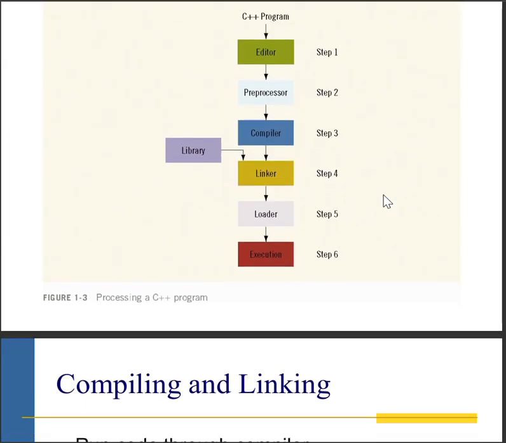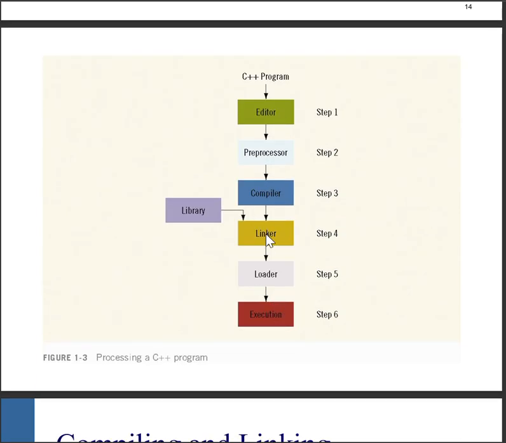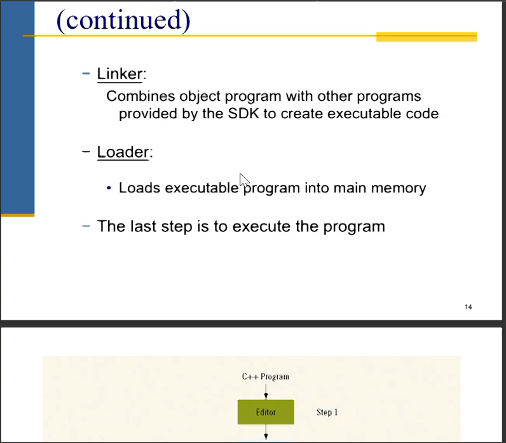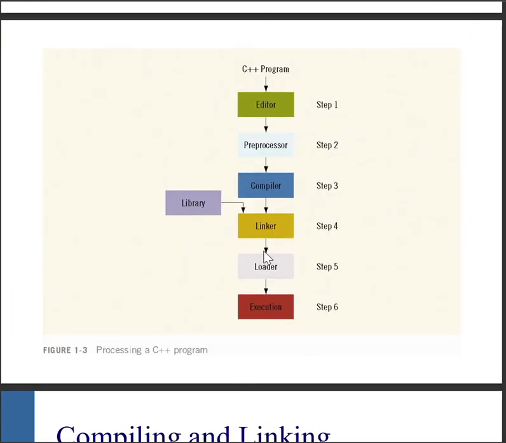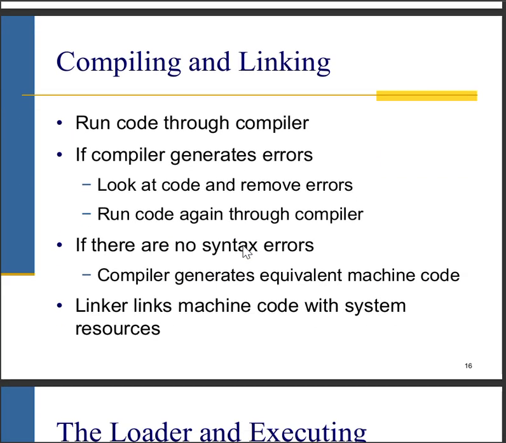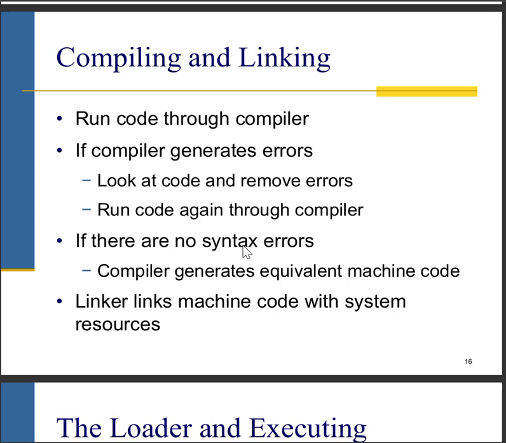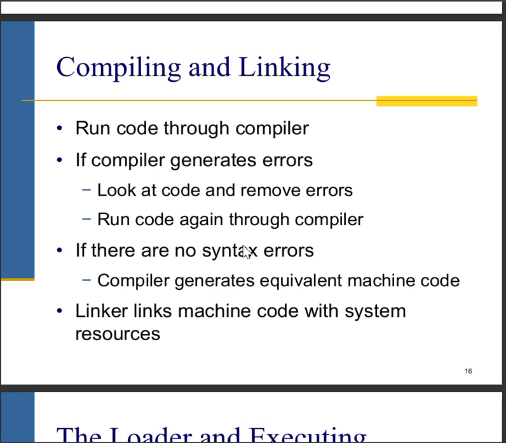Okay, so here is the image of a simple structure of what we just explained. You can capture this to make it easier for you to understand. So, compiling and linking. We run the code through the compiler.